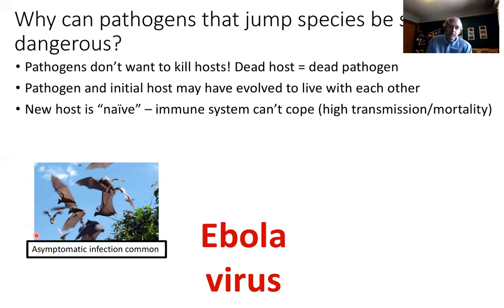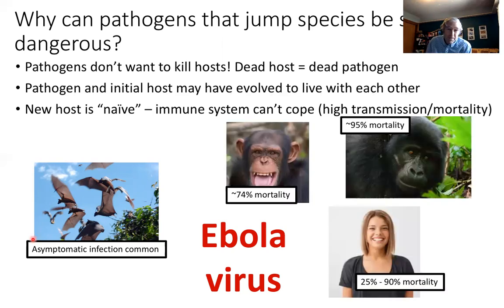However, the infection tends to be asymptomatic. The bats are able to live quite comfortably with the Ebola virus. They can fly, collect food, mate, do all the normal bat things, even though they're infected. And Ebola is one of those viruses where the moment somebody says it, people go, "Ugh," and start to get scared. So asymptomatic Ebola infection is common in bats.